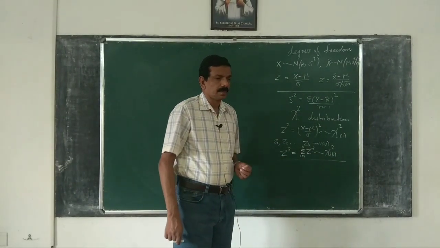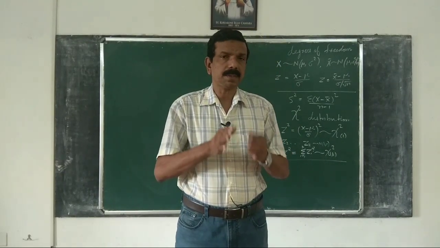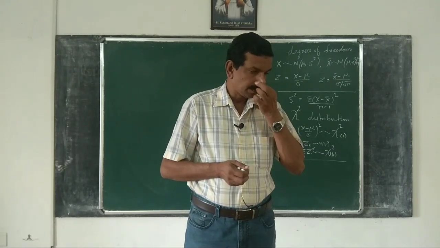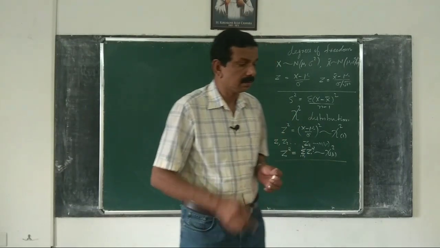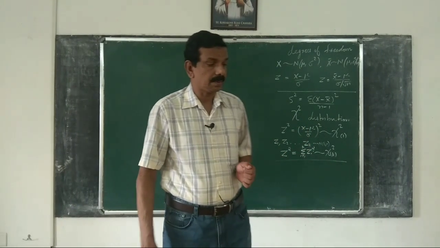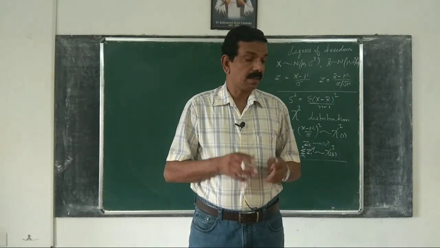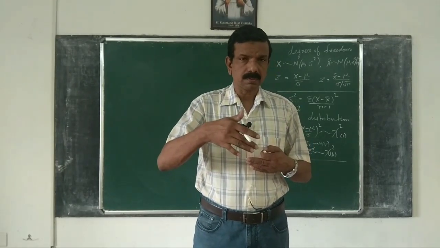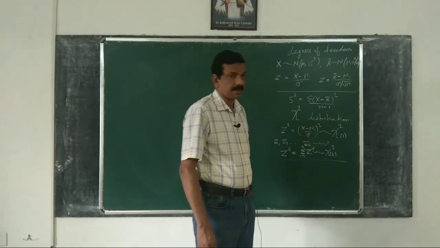Now, if Z1, Z2, etc. Zk are independently distributed chi-square variables with ki degrees of freedom, then the sum sigma Zi also follows chi-square with sigma ki degrees of freedom.